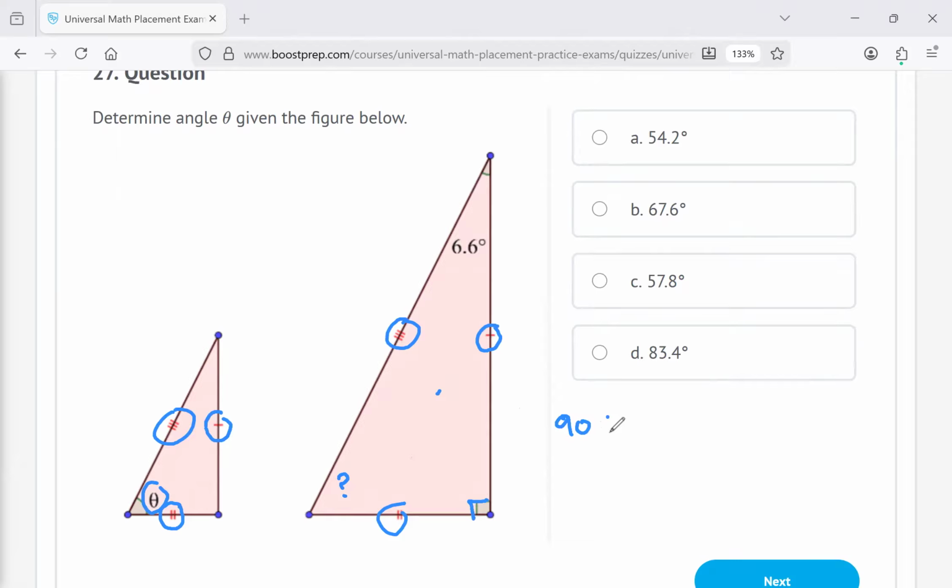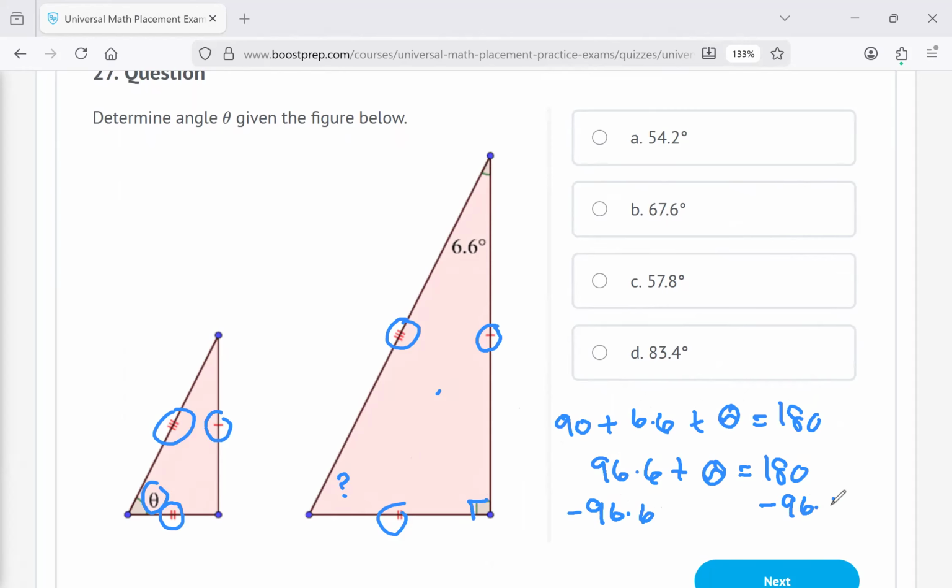So 90 plus 6.6 plus theta is equal to 180. So 90 plus 6.6 is 96.6. Theta is 83.4.